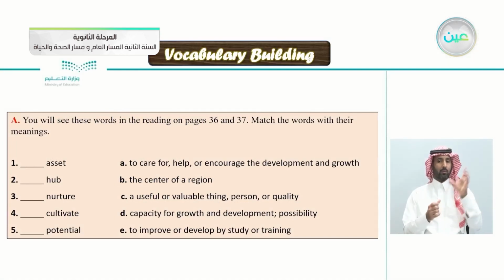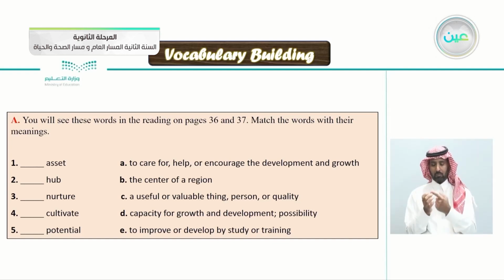Which definition here means asset? Is it A, to care for, help, or encourage the development and growth? B, the center of a region. C, a useful or valuable thing, person, or quality. D, capacity for growth and development, possibility. Or E, to improve or develop by study or training.